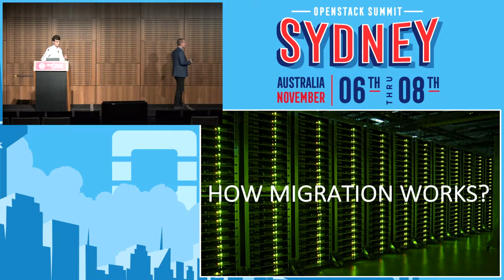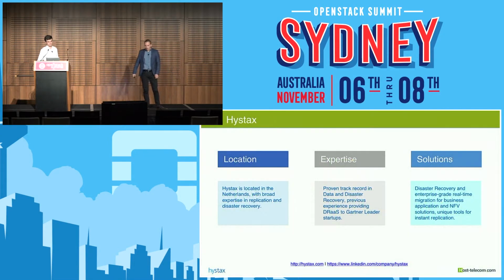This is when we got familiar with OpenStack, and we were pretty surprised by the community and the successes OpenStack had, but a little bit disappointed that there is no straightforward way to migrate any type of workload to OpenStack. This is why we decided to found a company and focus our efforts on this.